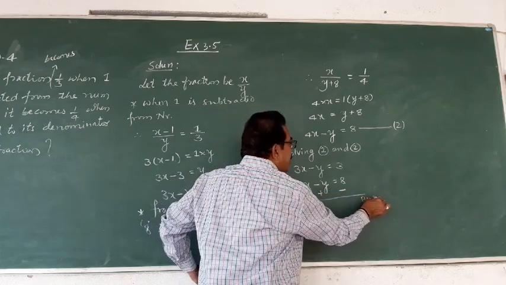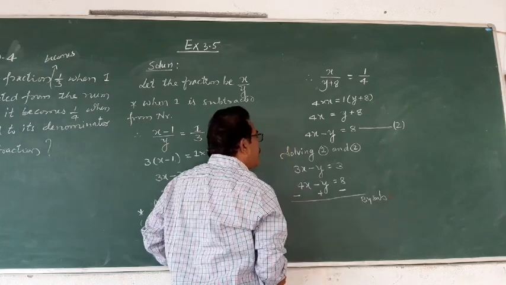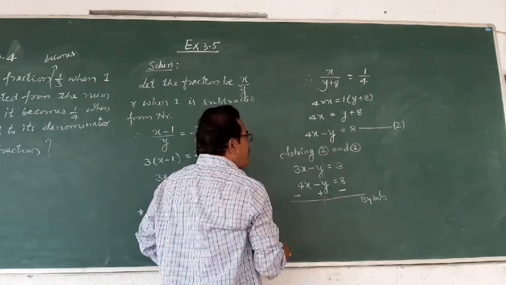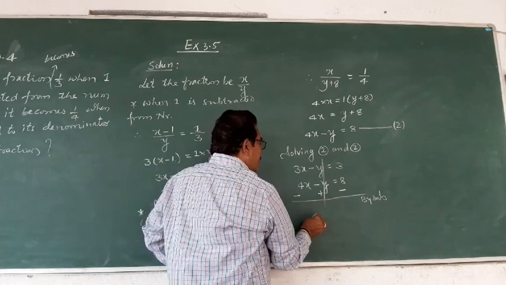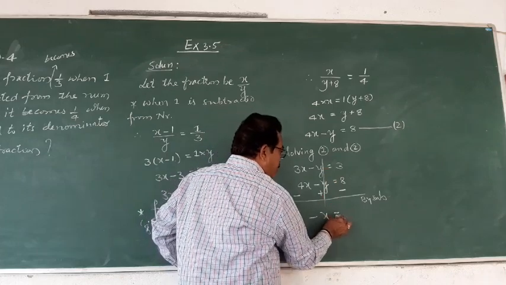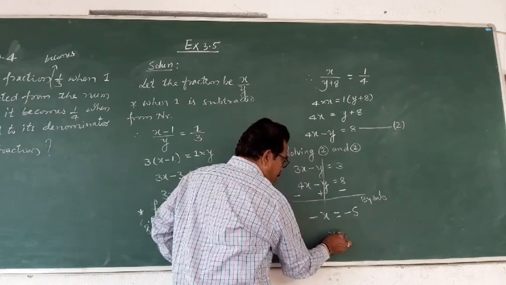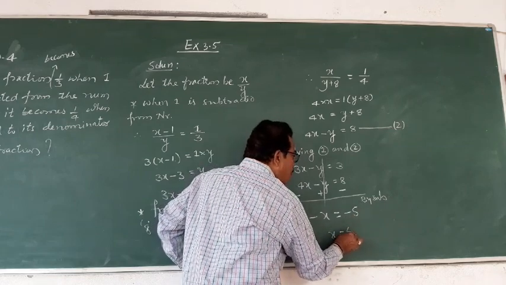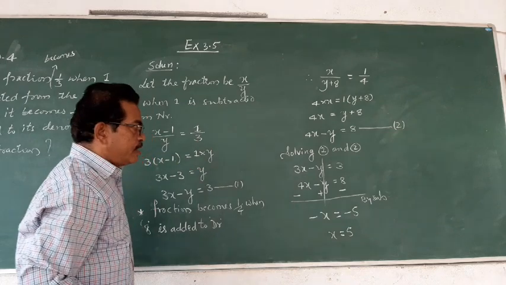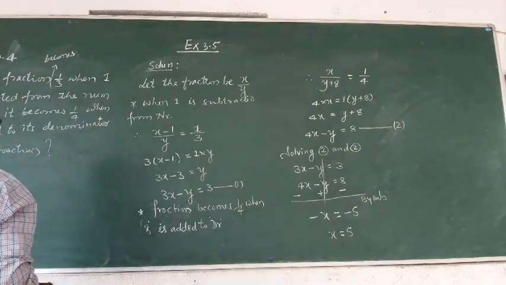By subtracting, plus y minus y gets cancelled. That is minus x equals minus 5. Therefore, x equals 5.